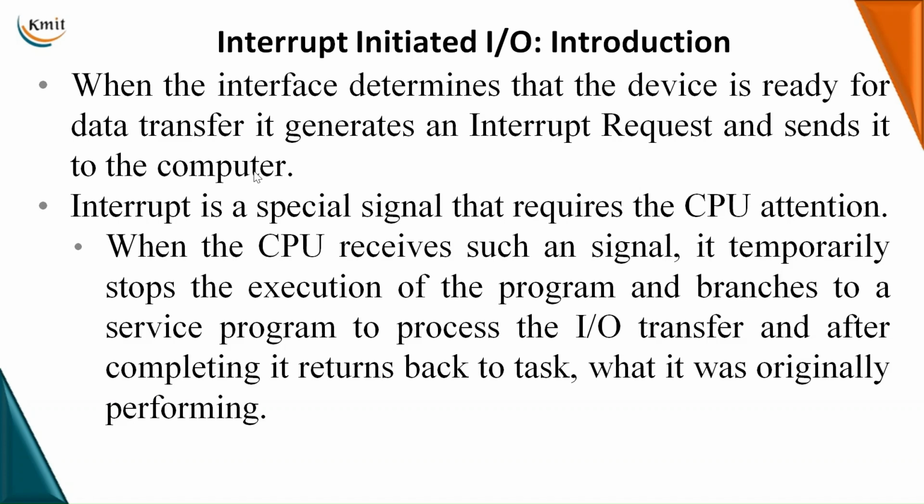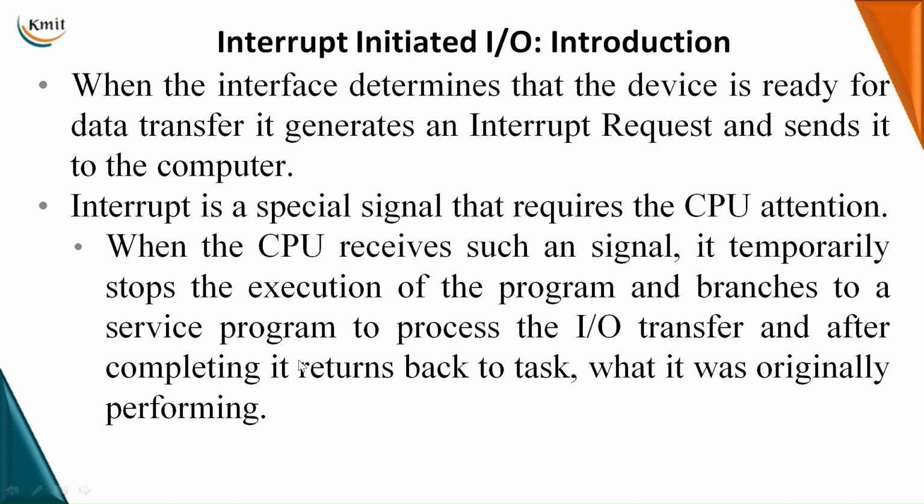So whenever a CPU receives such a signal, it temporarily stops the execution of the current program and branches to the service program, or interrupt service routine, of the process that initiated the IO transfer. For example, if the printer has interrupted the CPU, at that point the CPU will stop whatever program it is currently executing and go and execute the interrupt service routine of the printer, which interrupted the CPU.